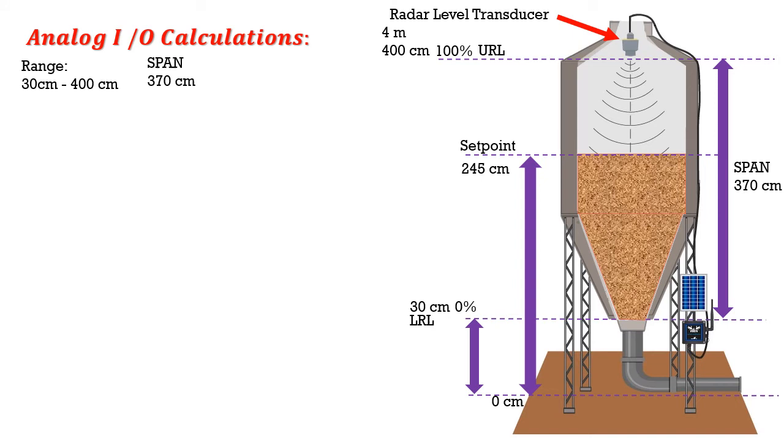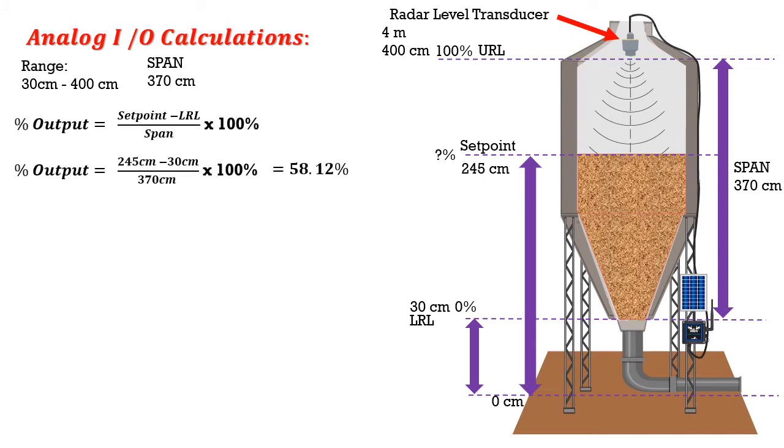That's our set point. We can now take the set point and calculate that we have approximately 58% fill. So now that we know that our silo is approximately 58% full, we can calculate that into our output signals from the transducer to the input of our PLC.